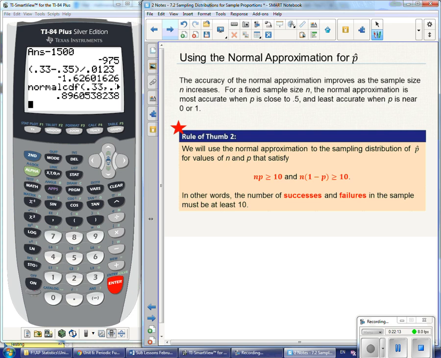And so essentially, in order to use a normal distribution, we need to check that n times p, which is the number of successes, and n times 1 minus p, which would be your number of failures in your sample, are at least 10. And so this is the second rule of thumb that is required to use a normal distribution. Notice that there's a star next to it, so this should too go on your study guide.